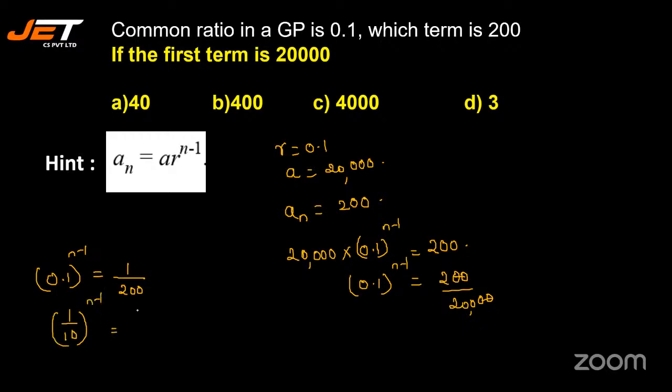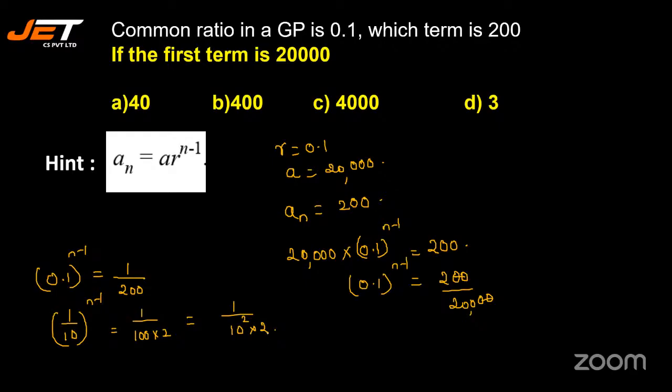So this also you can try making 1 by 200. You can write it as 1 by 100 into 2, am I right? So this can be written as 1 by 10 square into 2.